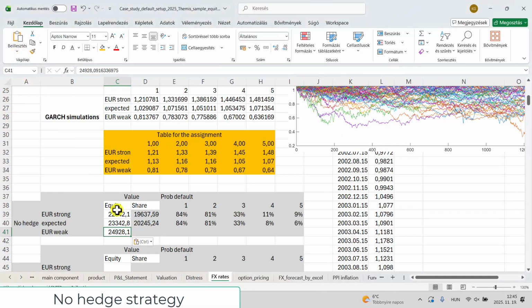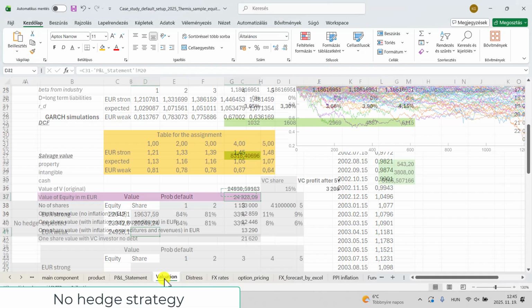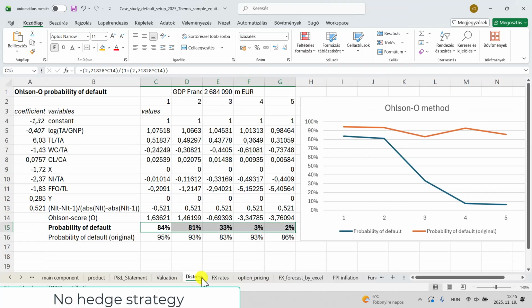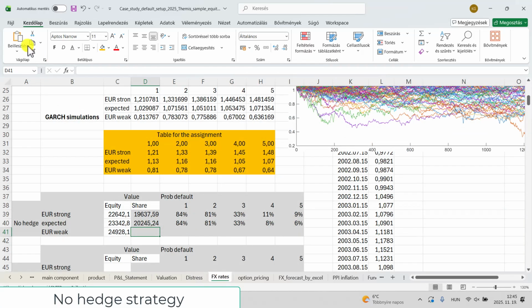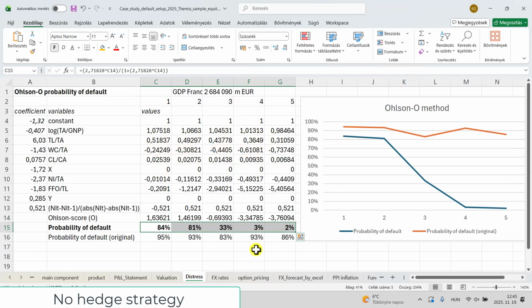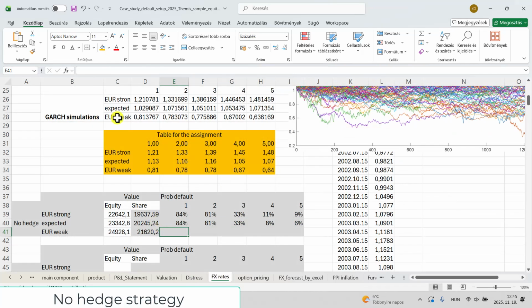So this is the equity value, this is the share value. This is when shareholders are happy just because of exchange rate movements and not because of any wise management decision related to the company.